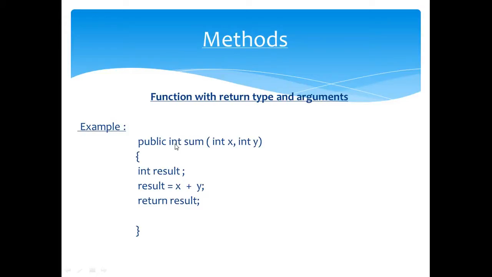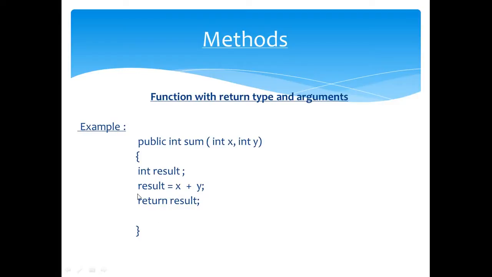The return type of the function is int, that means the function will return an integer value, and also two integer arguments are present. So that's why I declare two integer variables, int x and int y. Also you can see that finally after getting the result, the result is returned here. That means we are using a return statement, return result.